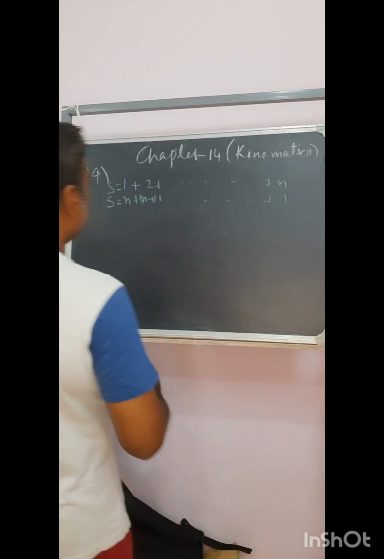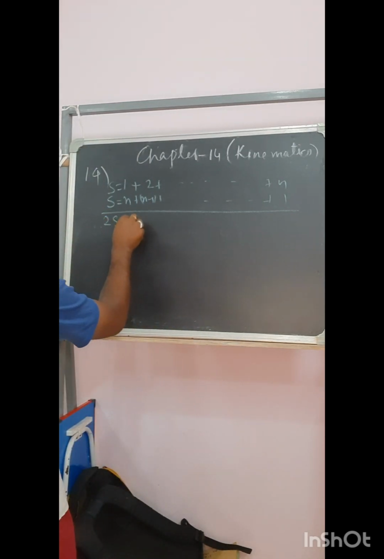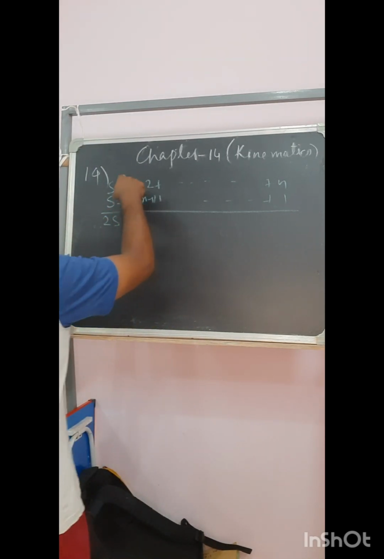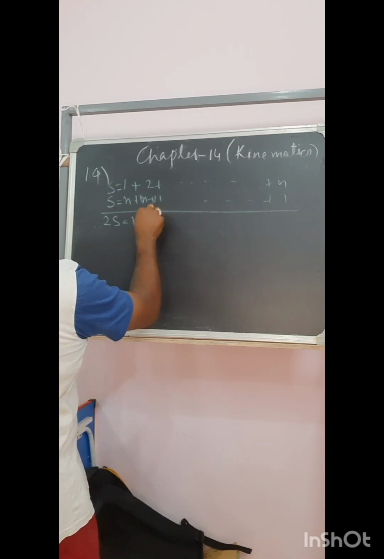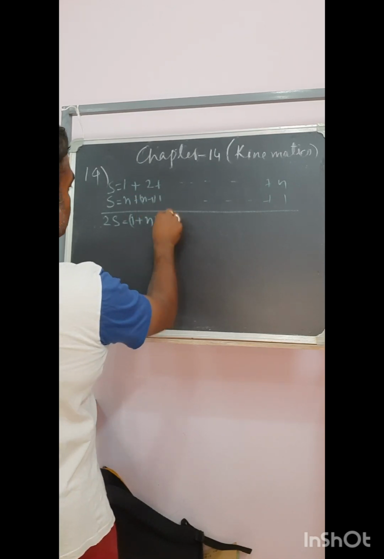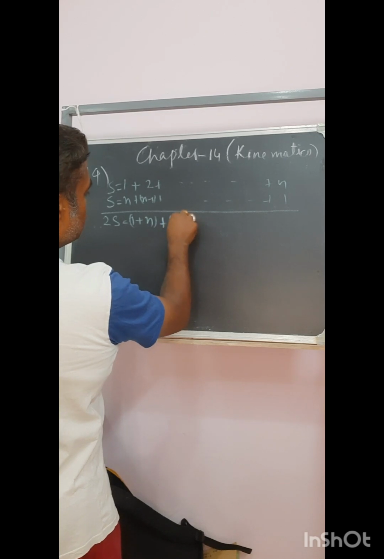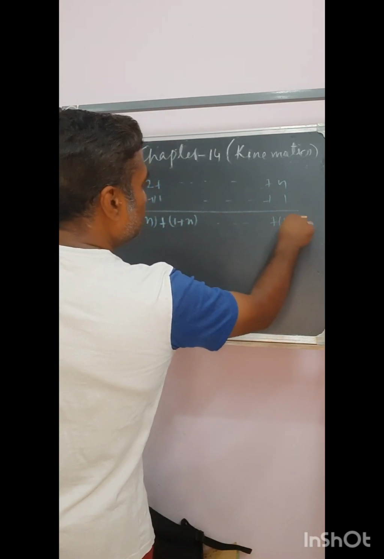If I add, this becomes 2S, and adding the terms which are in the first place, second place, and so on, every term comes to n plus 1. So n minus 1 plus 2 is also n plus 1. Like that, up to the last term, it will come n plus 1.